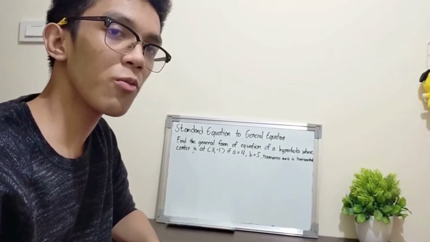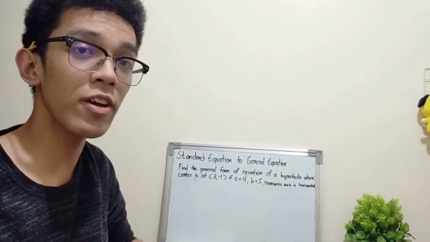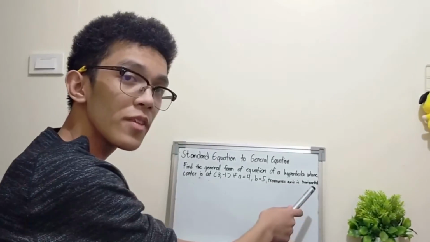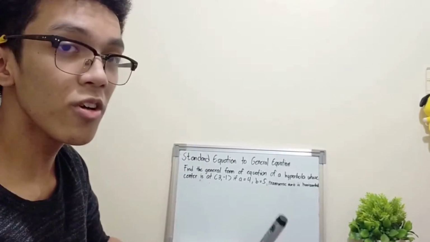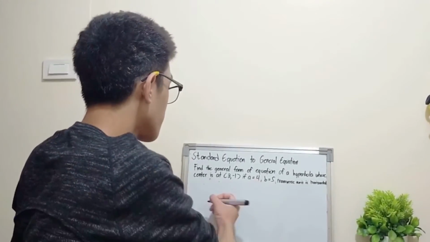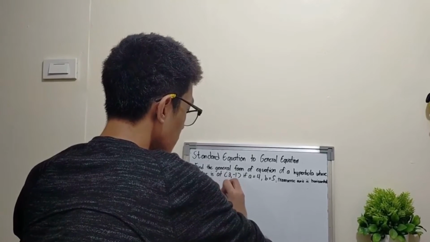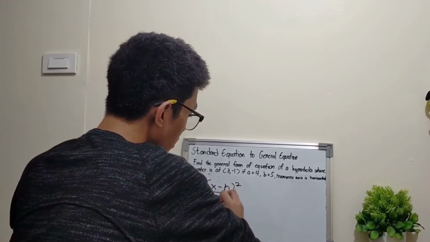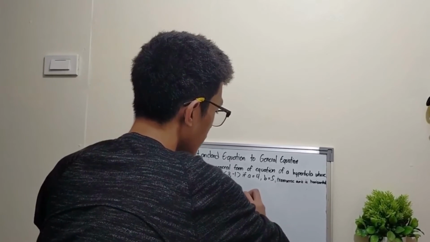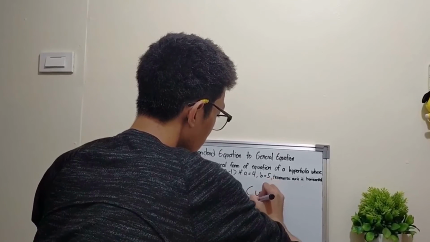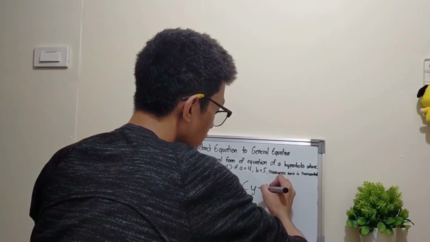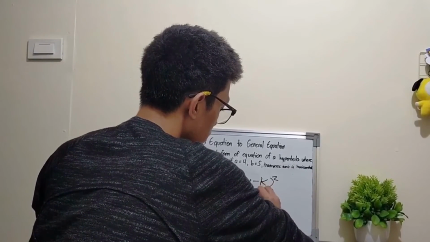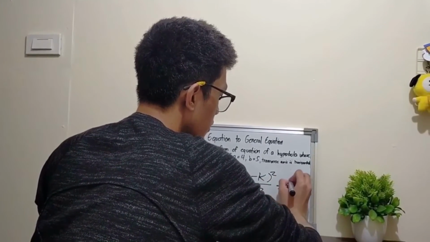First, we get the standard equation with the given information. Since the transverse axis is horizontal, the standard equation will be (x minus h) squared over a squared minus (y minus k) squared over b squared equals 1.